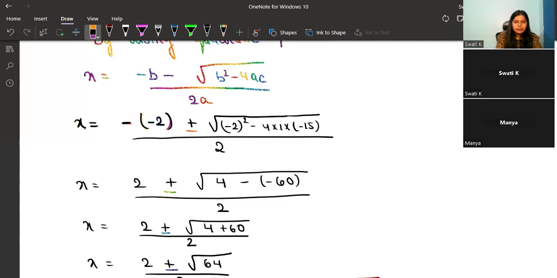Then I put the values in the formula: x equals minus, then in brackets minus 2, plus or minus square root, minus 2 squared, minus 4 into 1, then into minus 15. Then I am doing x equals plus, upon 2 also, right?